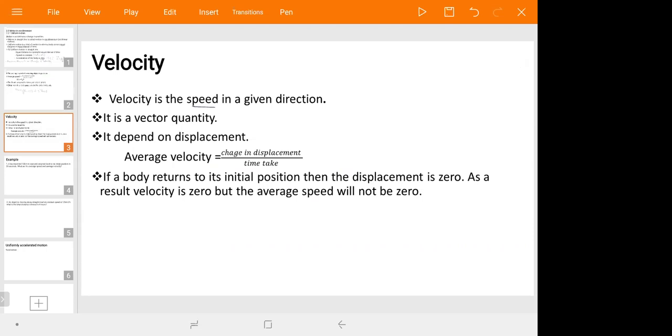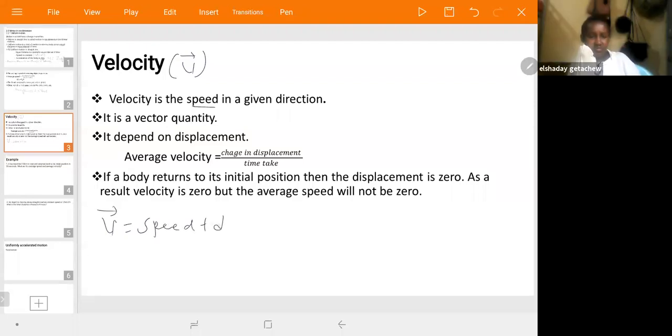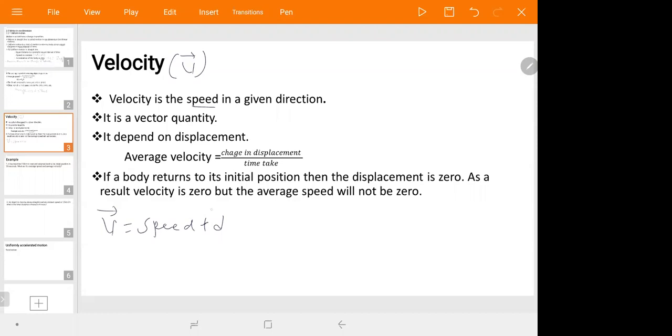Therefore, velocity, v with an arrow, is equal to speed with direction. Speed plus direction. Speed which has direction gives you velocity, and velocity is a vector physical quantity.